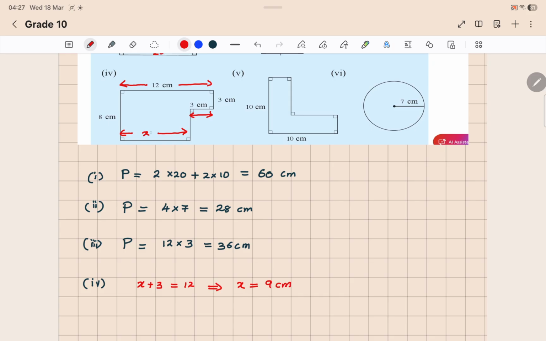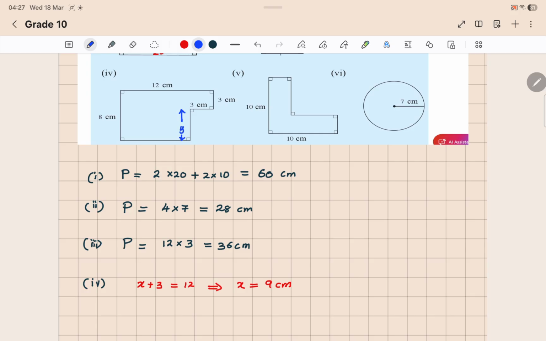So this length we need to figure out, right? Then another length we need to figure out. This length also we need to figure out to get the perimeter. So let me erase the red lengths. Let me label it as y.